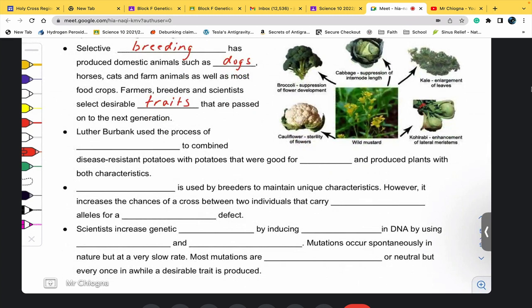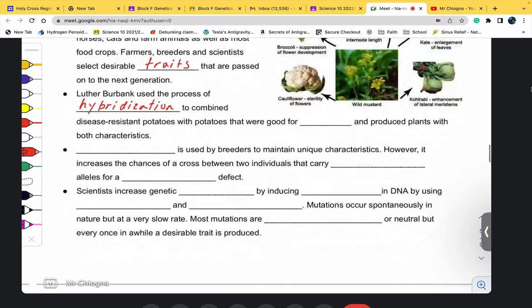They're breeding, obviously, in order to pass on those traits that are desirable. Luther Burbank used the process of hybridization to combine disease-resistant potatoes with potatoes that were good for eating, and as a result produce plants with both characteristics.